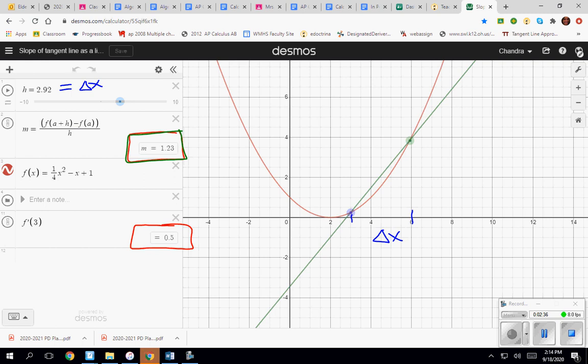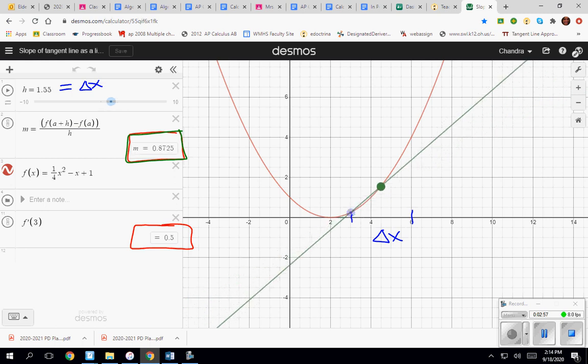What we're going to be doing when we turn it into a tangent is we're going to take 1 point, in this case our green point, and we're going to pull it closer and closer and closer to the purple. And as we do that, you can see the slope in the green box is changing. And eventually these points get so close they turn into a tangent line.